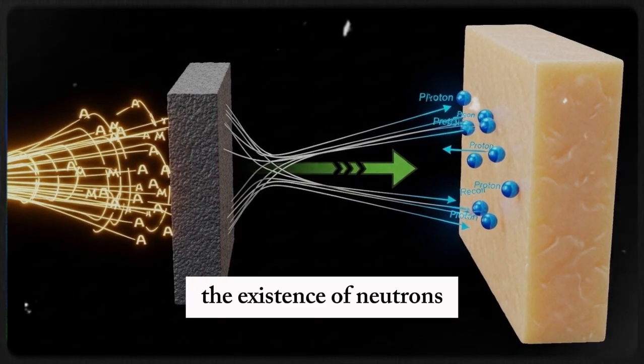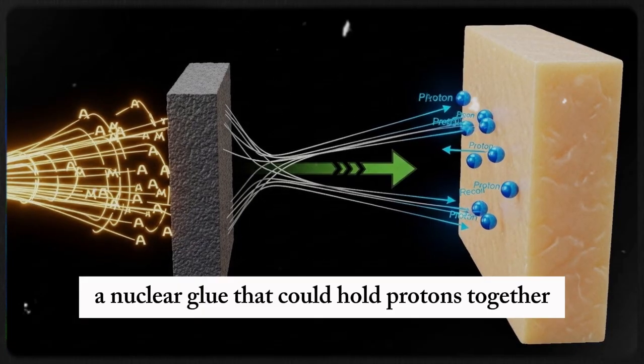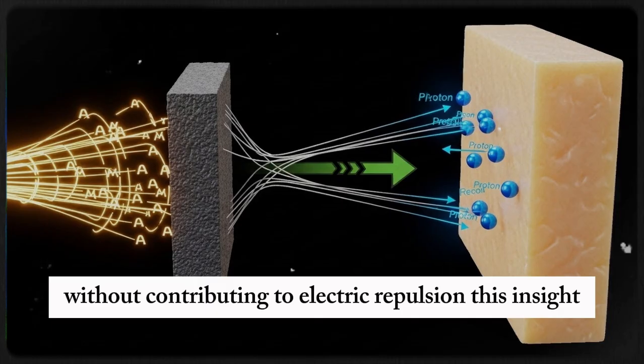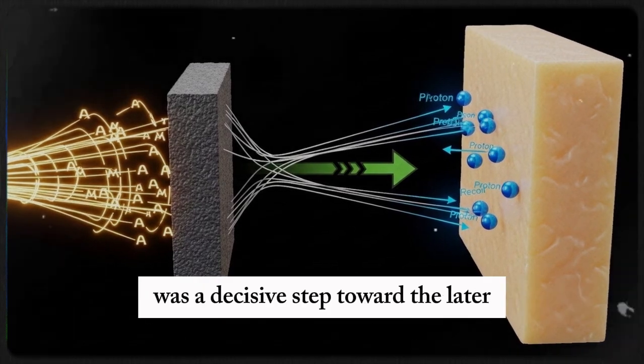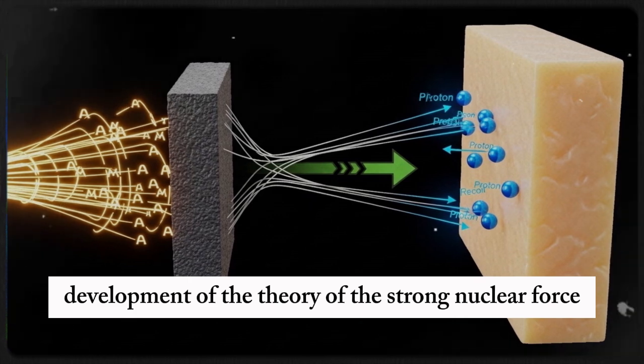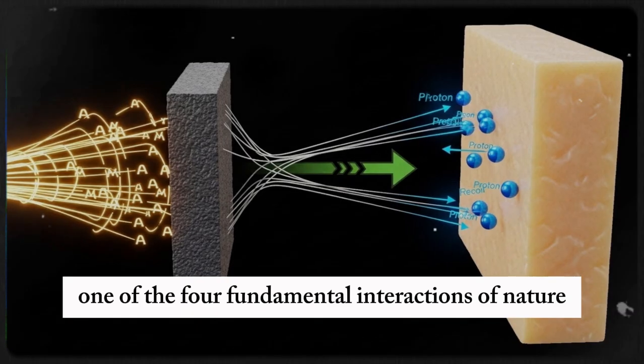The existence of neutrons suggested a new balance of forces, a nuclear glue that could hold protons together without contributing to electric repulsion. This insight was a decisive step toward the later development of the theory of the strong nuclear force, one of the 4 fundamental interactions of nature.